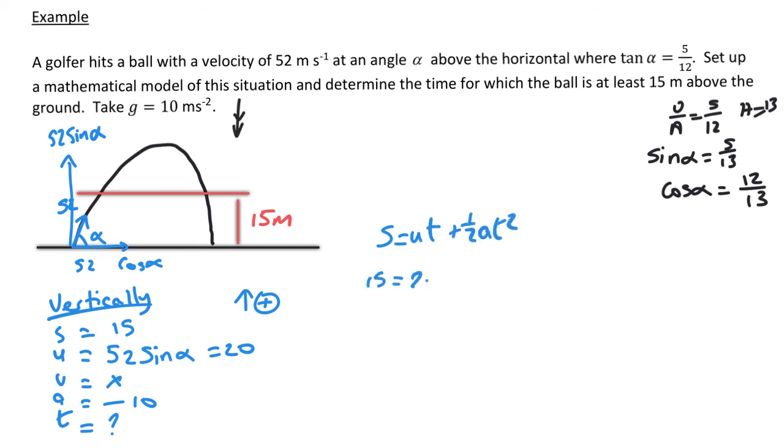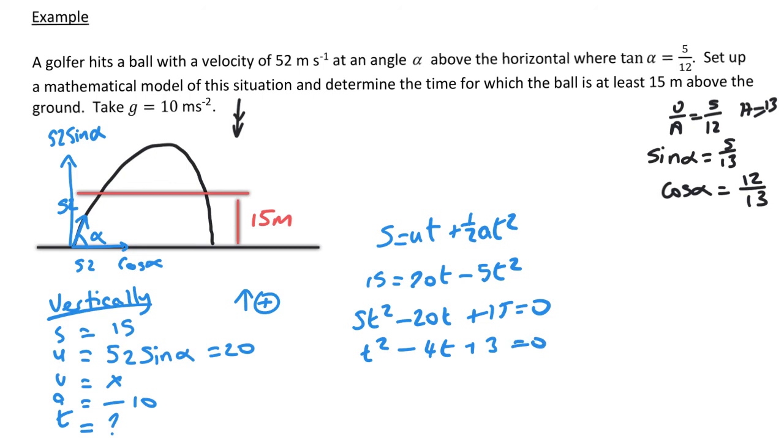15 equals 20t. A half of minus 10 is minus 5t squared. So we've got 5t squared minus 20t plus 15 equals 0. Dividing by 5, we get t squared minus 4t plus 3 equals 0. We can factorise that to give (t minus 3)(t minus 1) equals 0. So we get t equals 3 and t equals 1.